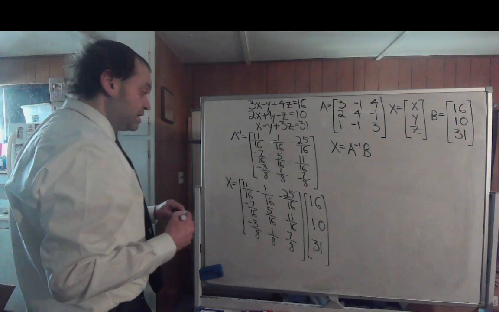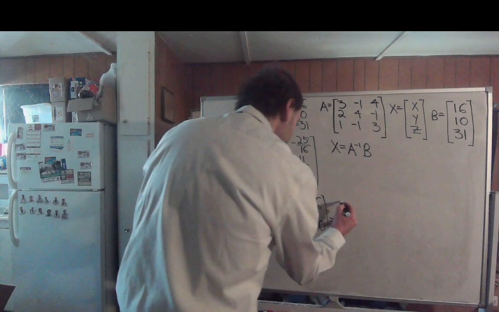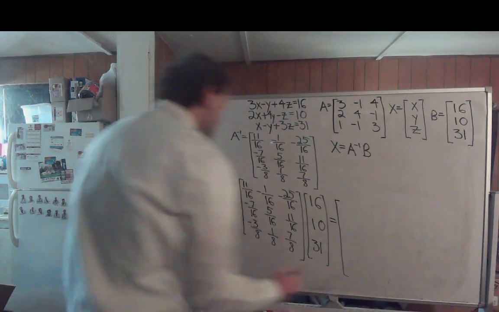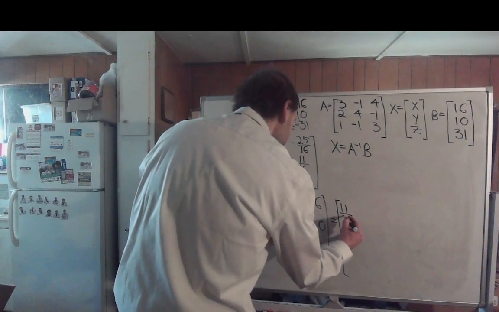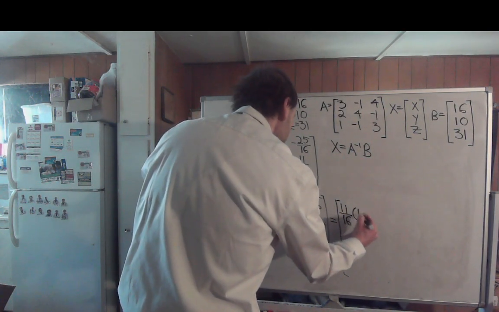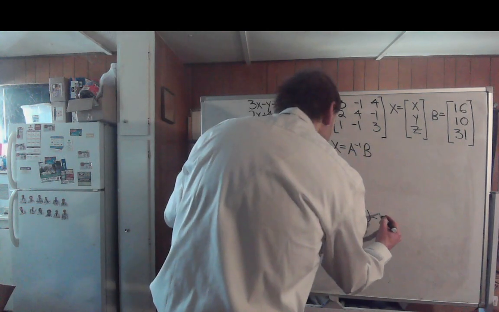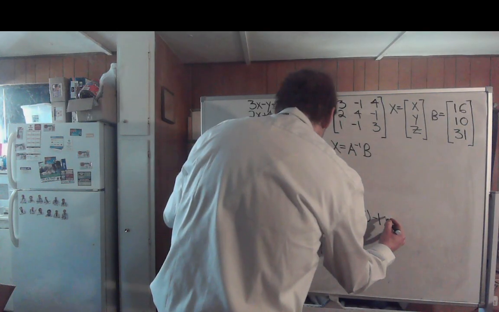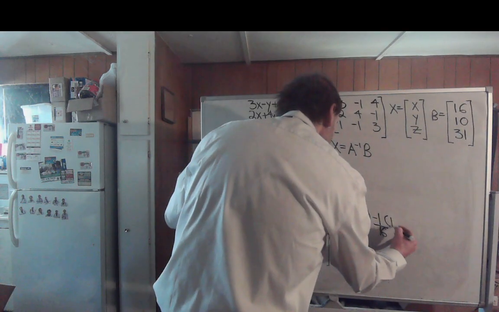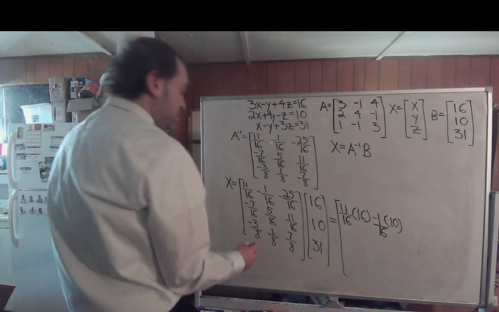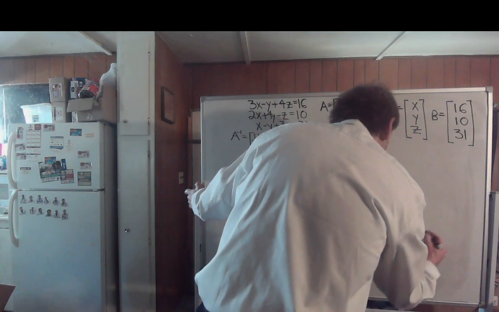So let's do the multiplication. You should get a 3 by 1 matrix that represents X. So first row, you'll take 11/16 times your 16 minus 1/16 times 10 minus 25/16 times 31.